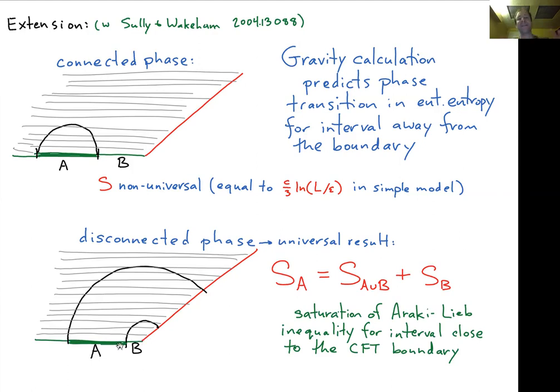If you could think of the entanglement as coming from two separate things, localized near here and localized near here, then this would be satisfied. So I think that's what the gravity is suggesting. Okay. And that is not the case if the interval is far away? That's right. Yeah, that's right.